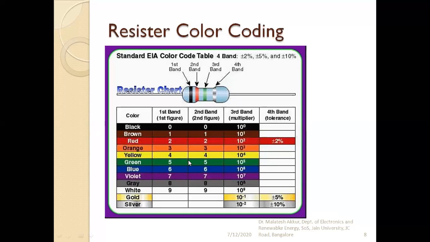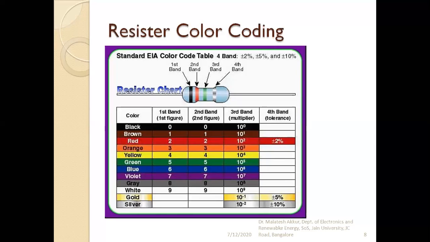I want to have a resistor of 100 ohm. What might be the color code for that? For 100, the first digit should be 1, that is brown. The second digit should be 0, because it is 100, and the color corresponding to the digit 0 is black.